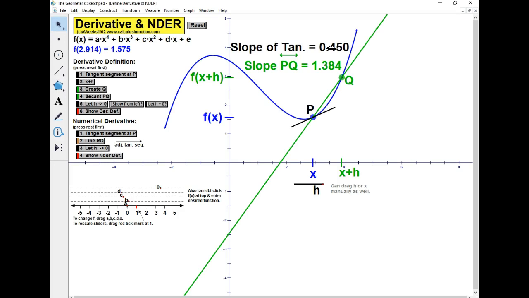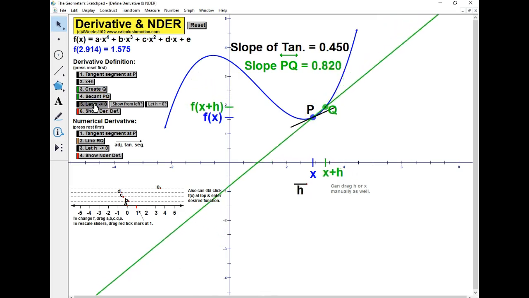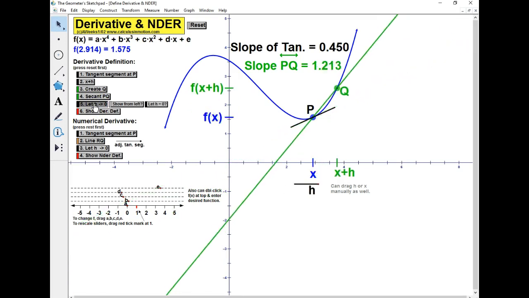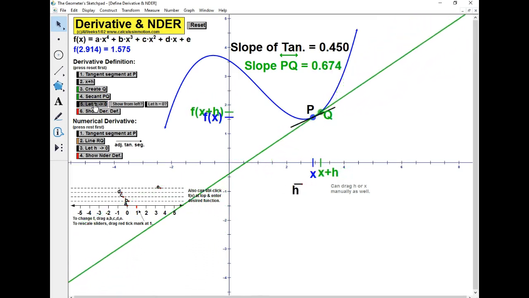Remember, if I don't want a secant line, I want to try to make it look like a tangent. So what can I do with Q? Move it down. I can move it down along the x's and make h smaller. How small can I make h? We can make h approach 0. And as we get closer, of course, the secant line becomes the tangent line.